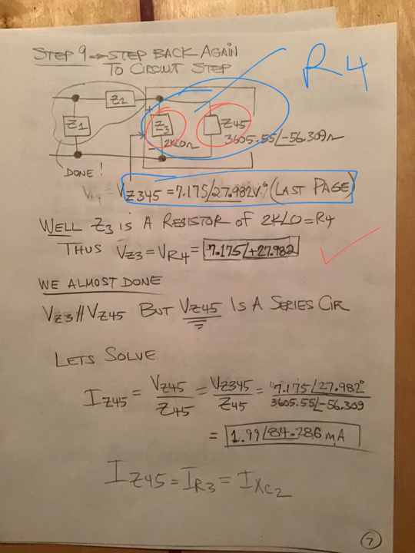Take a look at VZ23, which is in parallel with Z45. And Z3 is just the resistor, but Z45 is a series circuit, okay? If you recall compressing it. So we're going to find the current.